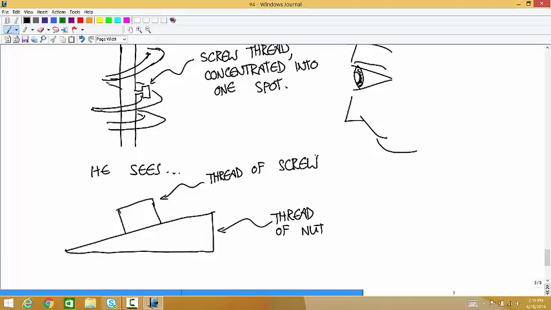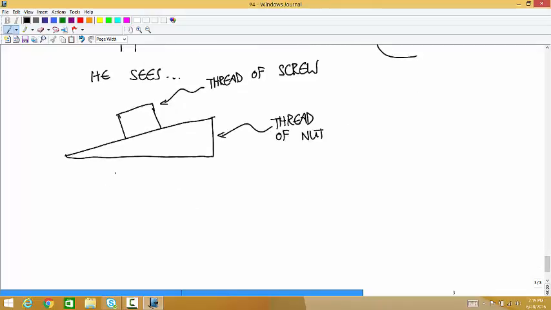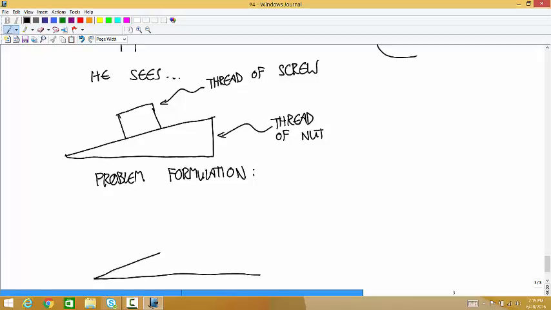Okay, so the problem that this boils down to is you have an incline with some angle, and you have a block that's being pushed up or down this incline by a force Q, capital Q, while being subjected to a force, I'll call it W, that's the weight of the thing that you're lifting or lowering.